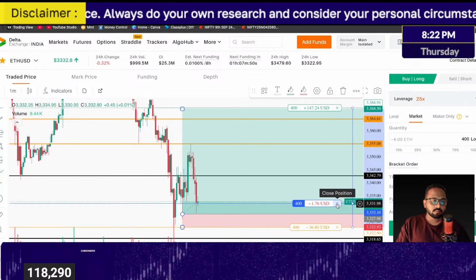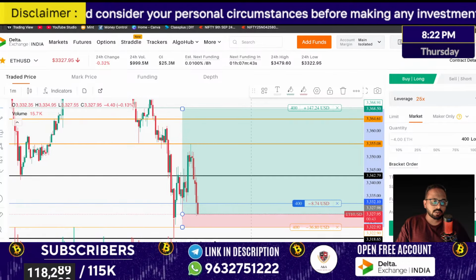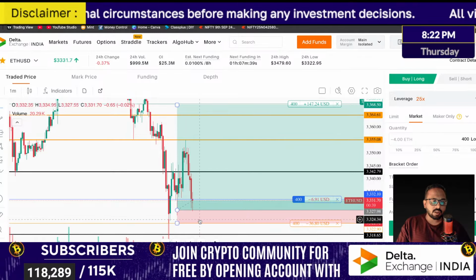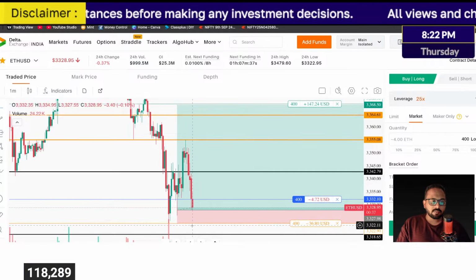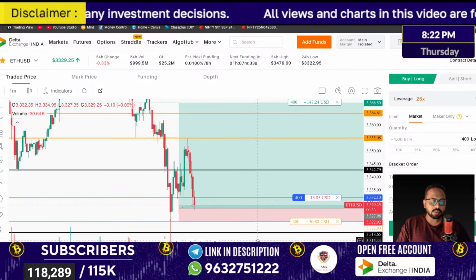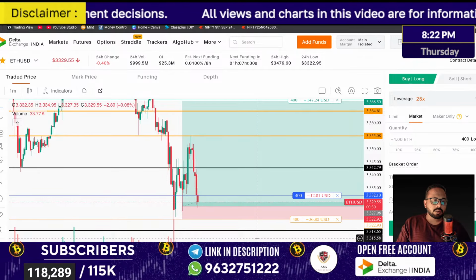Sell on rise, continuous pressure is there. Sellers are doing sell on rise. This is the last make or break level. If the market goes below this, I'm not going to give a bigger stop loss for this trade. That's not required.